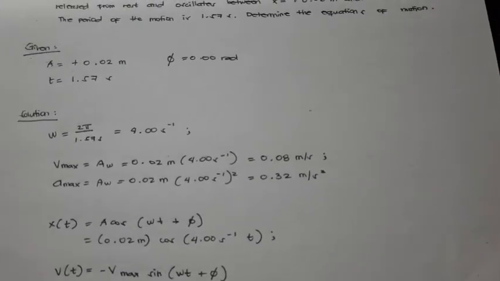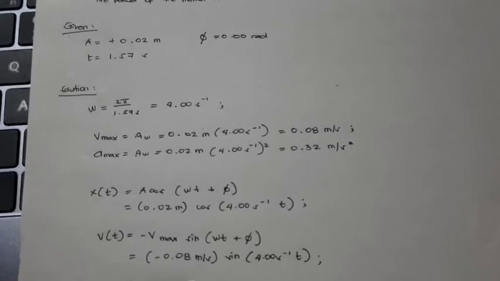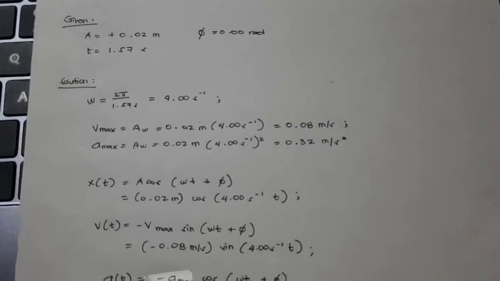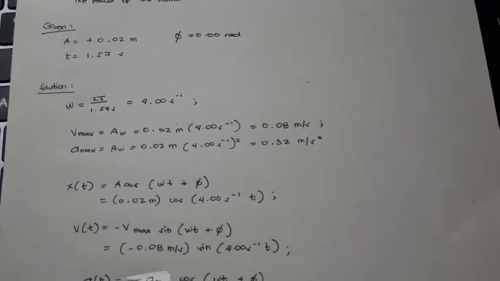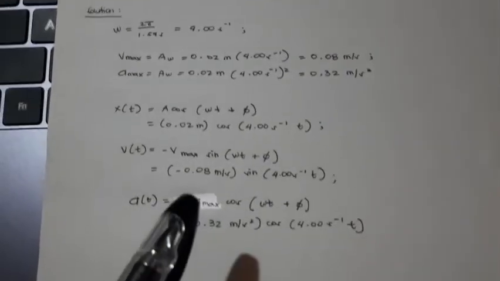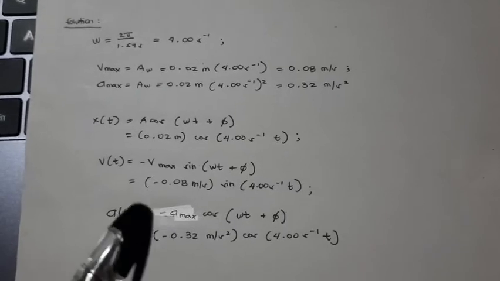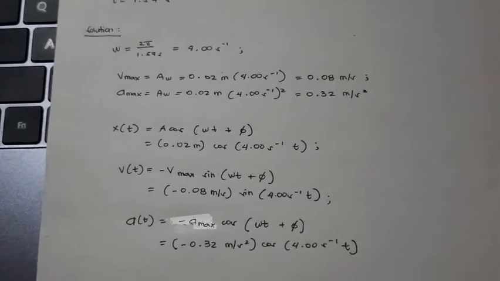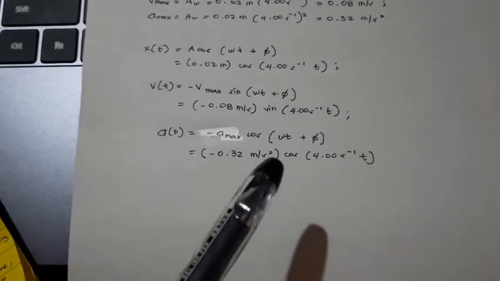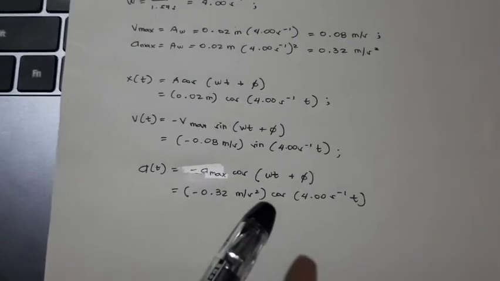Next, the velocity of the mass oscillating in simple harmonic motion, which we can find by taking the derivative of the position equation.